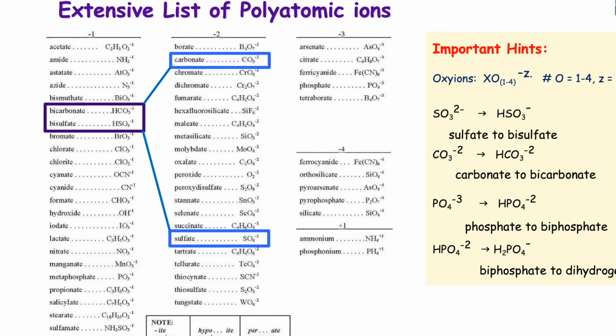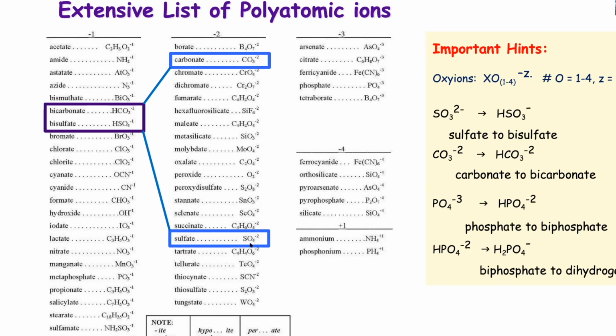So when you see the name bicarbonate, it simply means that this carbonate ion, CO3 -2, now picks up a hydrogen right here. By putting a hydrogen on this carbonate, it's not called carbonate anymore. It's called bicarbonate. It's also called hydrogen carbonate, but the common name is bicarbonate.